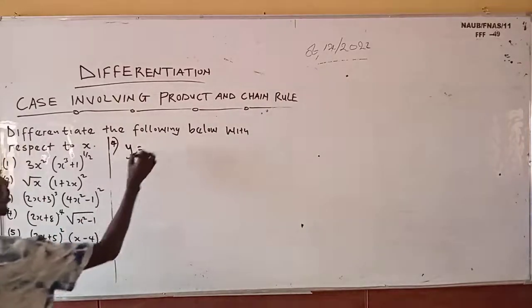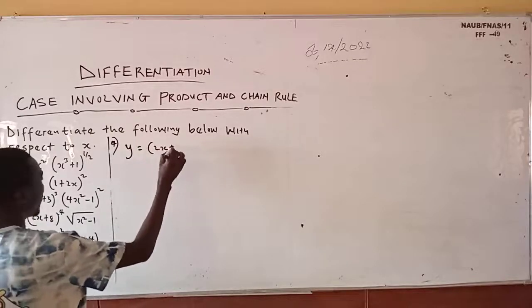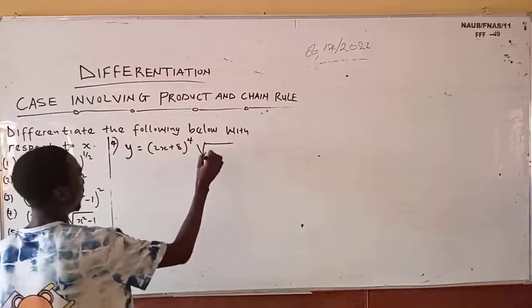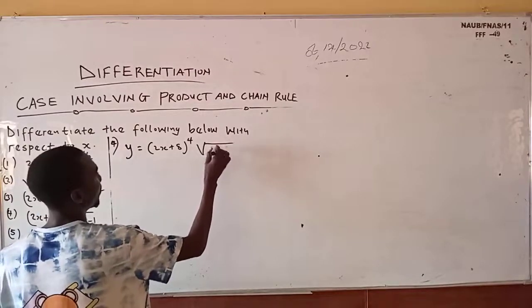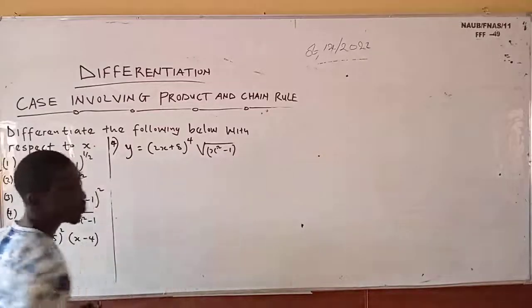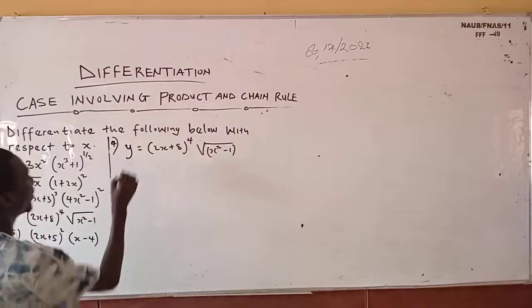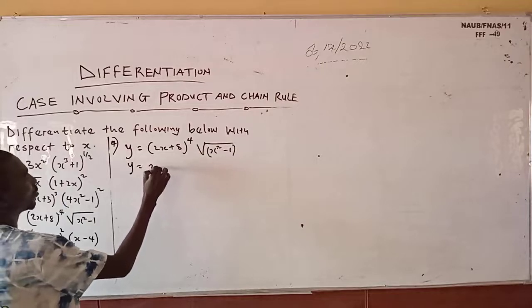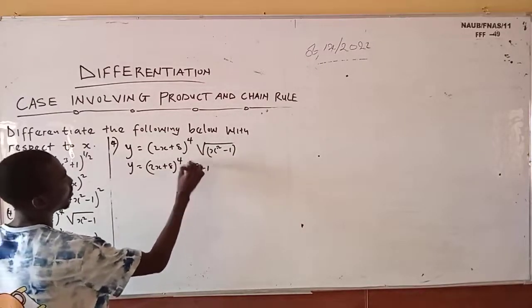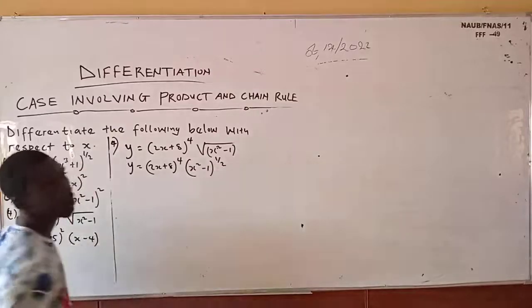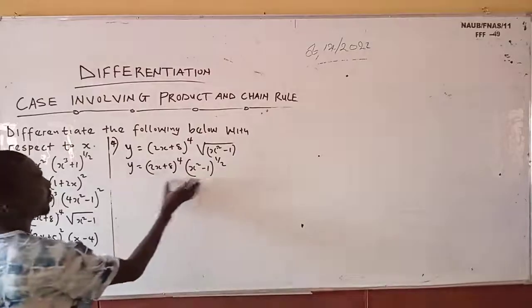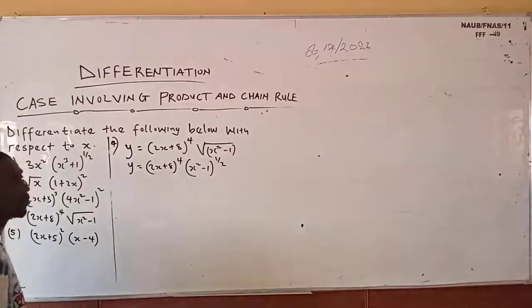y equals (2s plus 8) to the power of 4 times the square root of s squared minus 1. Before you solve anything, you should know that this square root is the same thing as (s squared minus 1) to the power of half. And this is multiplying this, which means we are using the product rule.